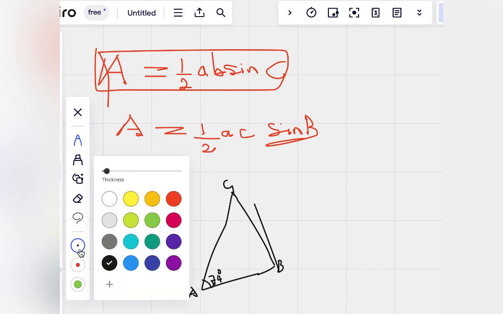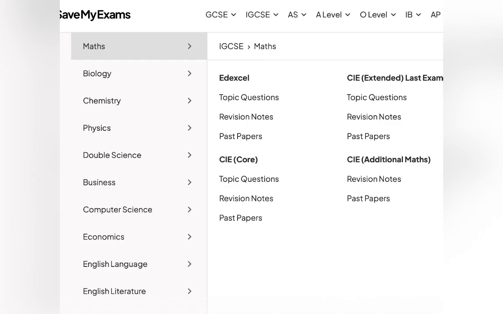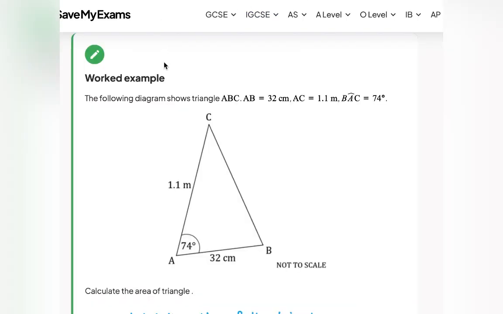Sorry, my marker is misbehaving very erratically. ABC. Okay, now let's see the values.